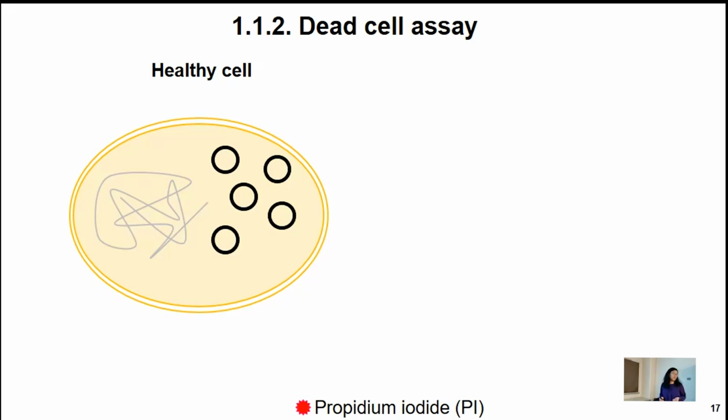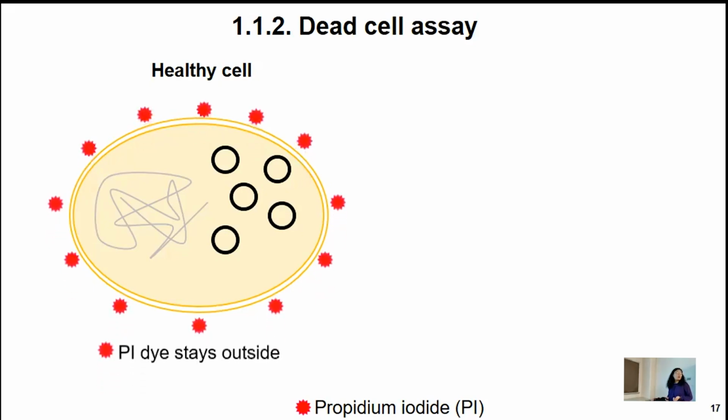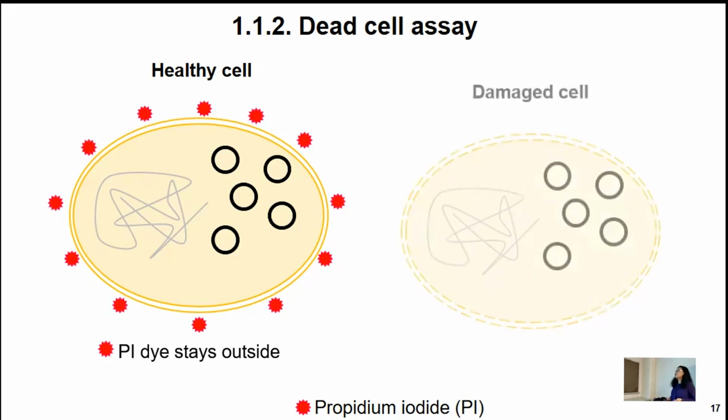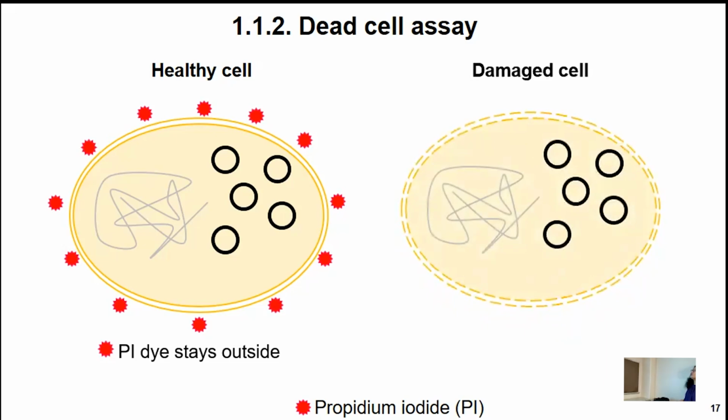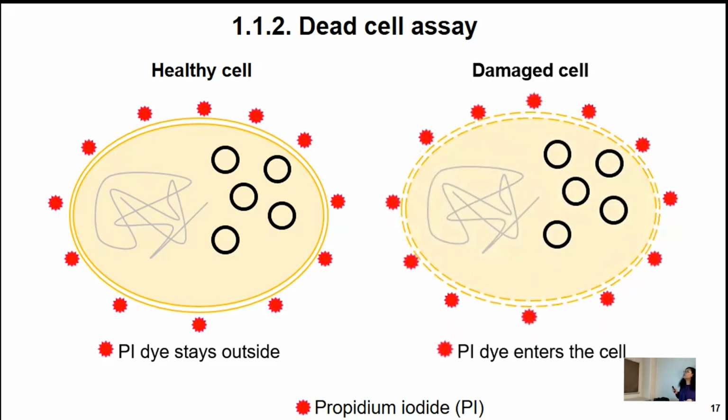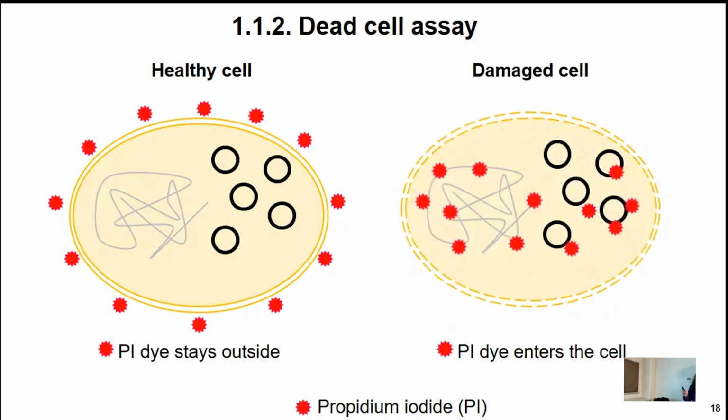It's a fluorescent dye. How this works is that if we have a healthy cell, the cell membrane is intact. When we add propidium iodide, it stays outside of the cell and the fluorescent intensity is very low. But if we have a damaged cell which has the cell membrane damaged and we add propidium iodide, the propidium iodide will penetrate and go inside of the cell and bind to the DNA molecules.